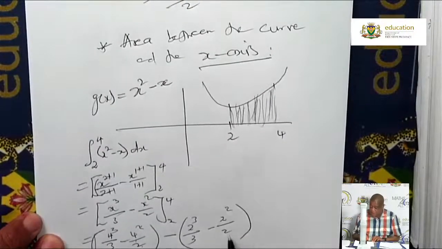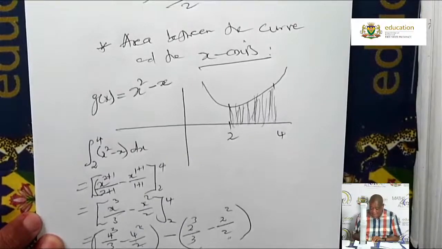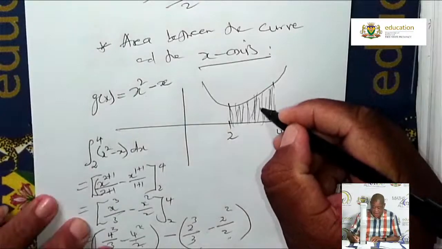Then you just have to simplify and get the answer. The answer we get when we simplify these two brackets will be the area.